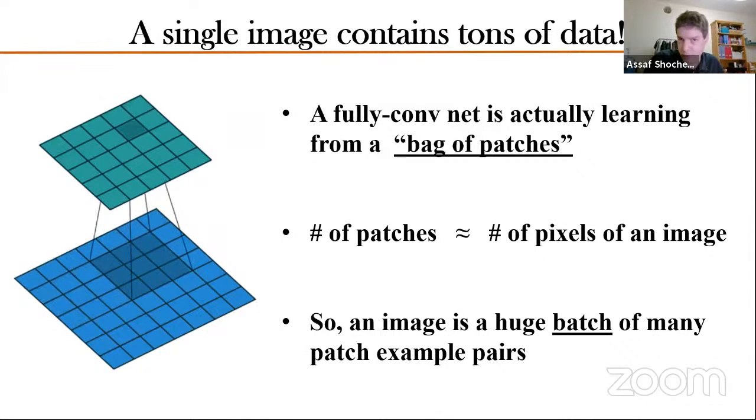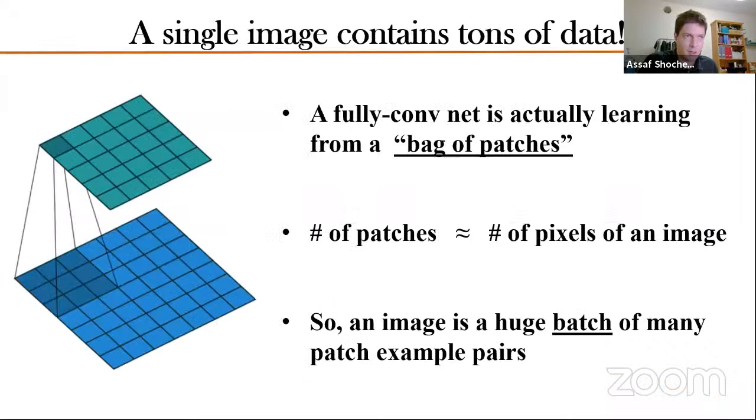It operates in parallel, but each patch has its own output and its own contribution to the gradient that is calculated in order to update these shared convolutional weights. So this is exactly the same thing as if you had them in a huge batch for each iteration. This gives an answer to the question of how you can train on a single image: you have tons of data just inside a single image, hundreds of thousands of these patches.